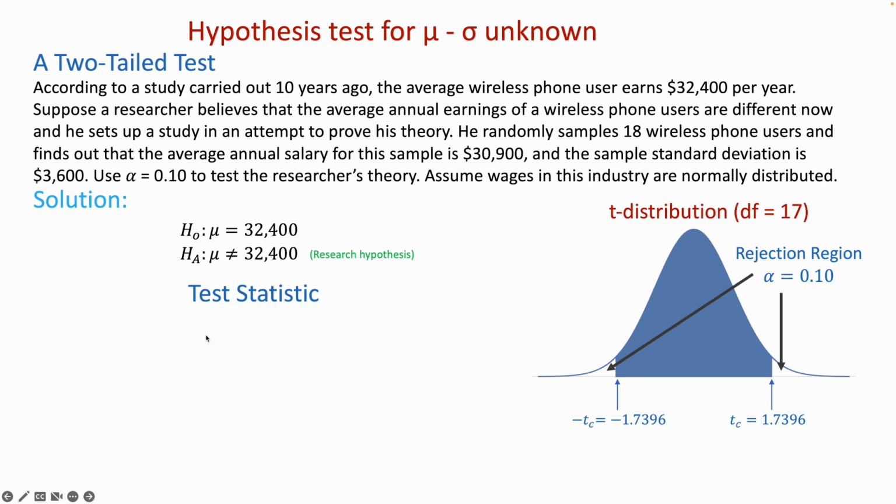The t-test statistic says that t equals the sample mean minus the population mean, and this population mean is the one that I am assuming true. I'm assuming that the null hypothesis is true, so I am assuming that mu equals 32,400. So this is the one that I'm going to put here: always the mean in the null hypothesis.